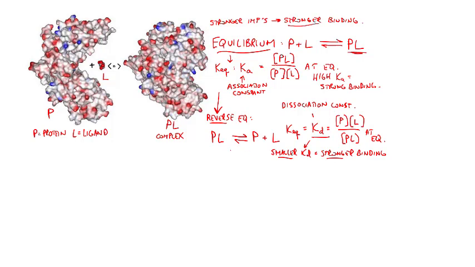But here's why we like Kds. Let's imagine a situation where the concentration of free protein is equal to the concentration of complex. What does that mean? If we have one ligand binding site per protein, which we're assuming, then half of all possible binding sites are occupied.